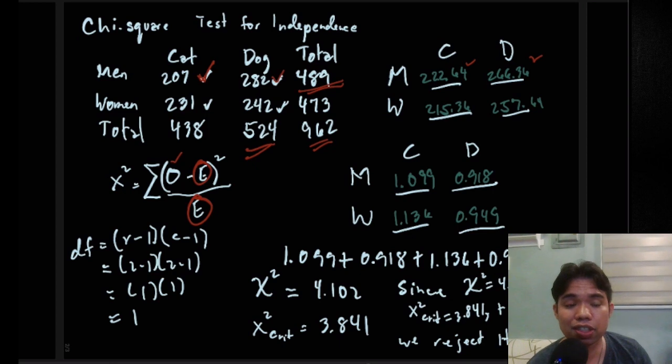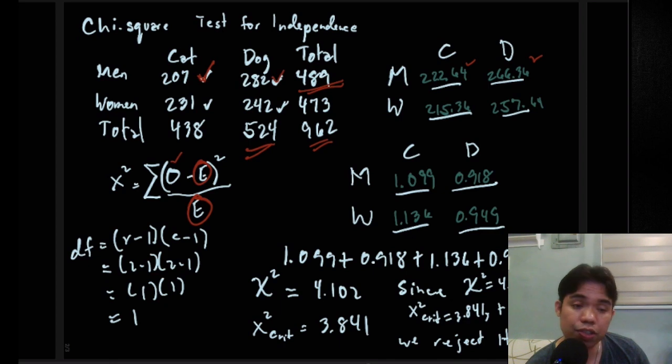So the null hypothesis is saying that there is no significant relationship between the sex and the type of animal to choose. So that means it won't matter whether you're a man or woman, whether you choose cat or dog. But that is not the case in our computation.